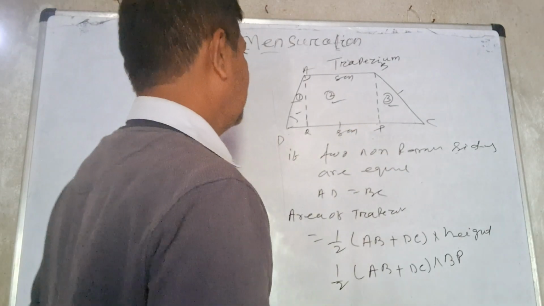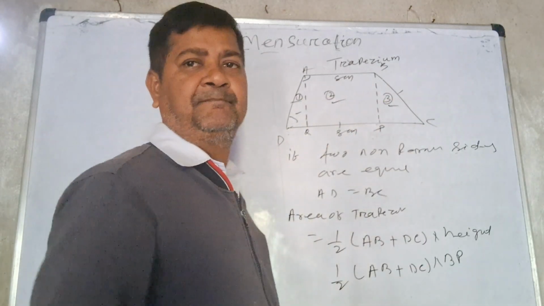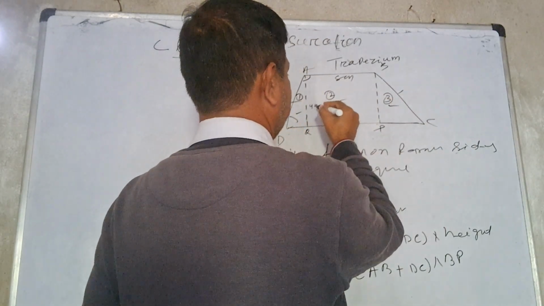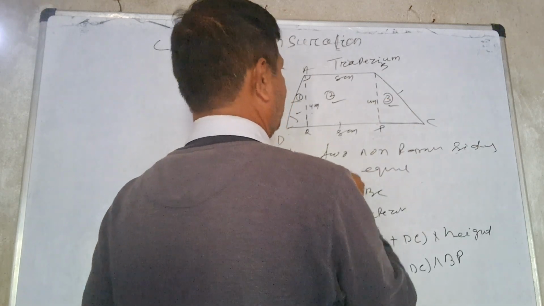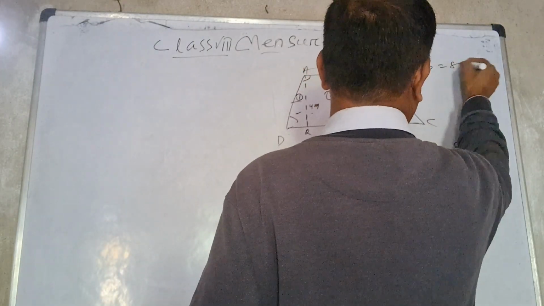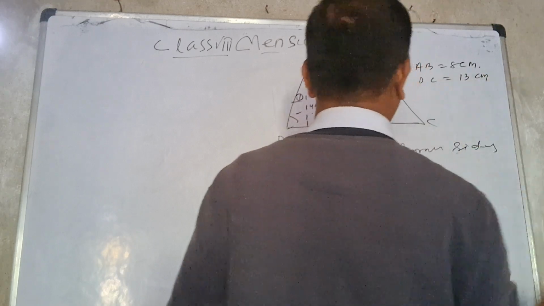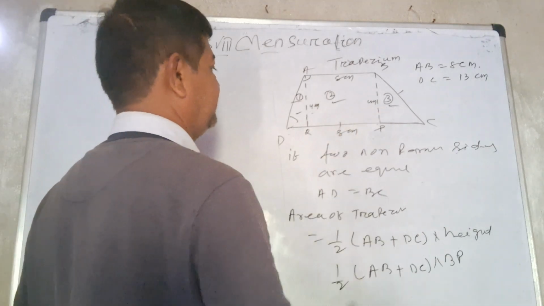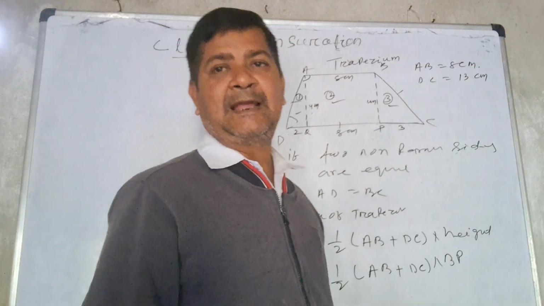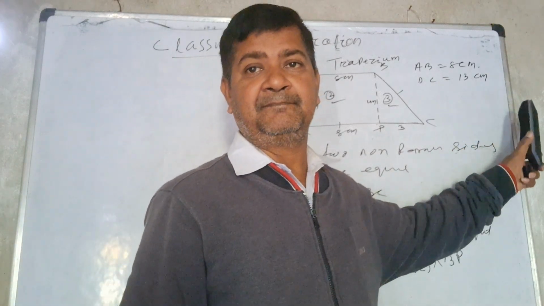Our perpendicular heights FQ and BP remain the same, here 4 cm. AB equal to 8 cm, DC equal to 13 cm. In this way you will be able to find the area of the trapezium.